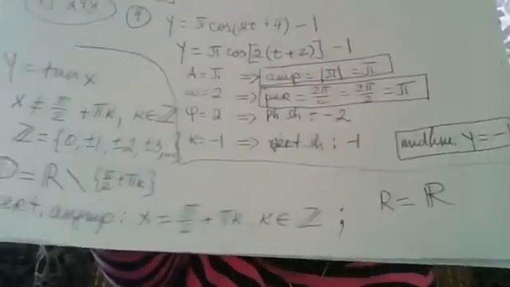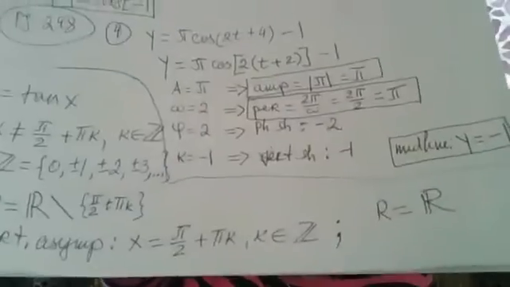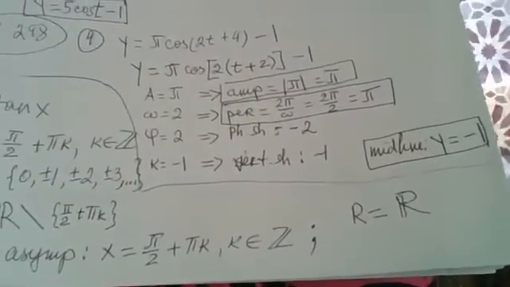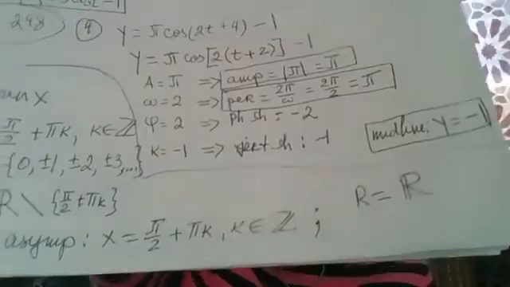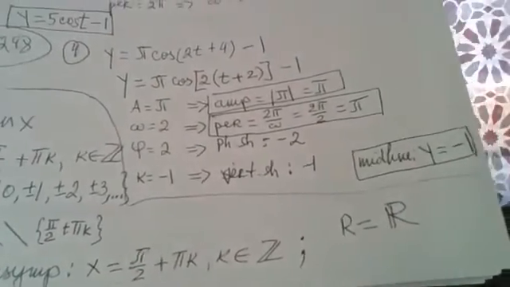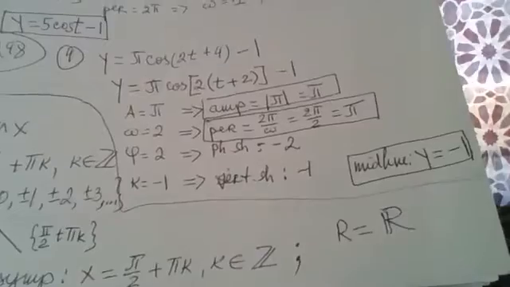But tangent can be equal to any number. This is why the domain is limited. It is set R except all vertical quadrantal angles, but the range has no restrictions. It is equal to the set of all real numbers.